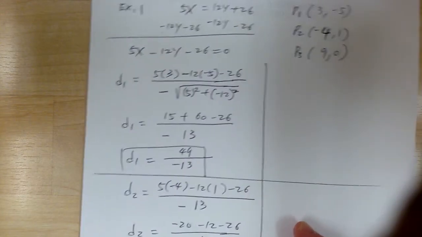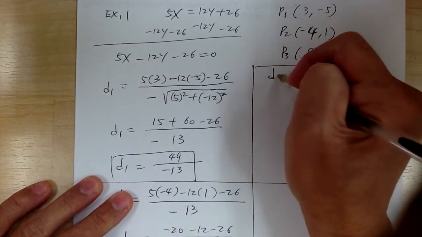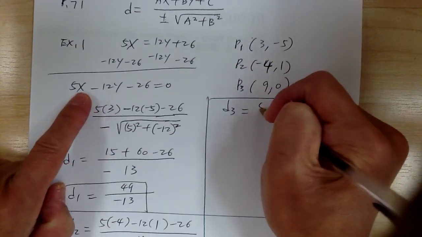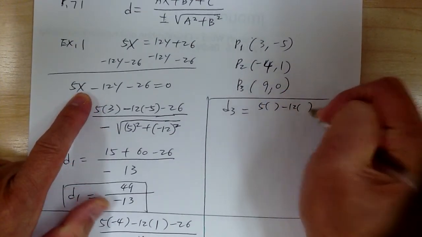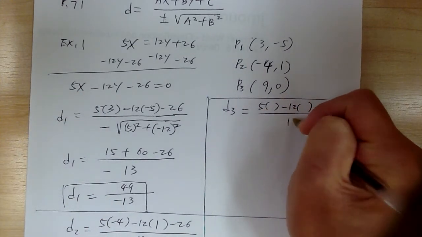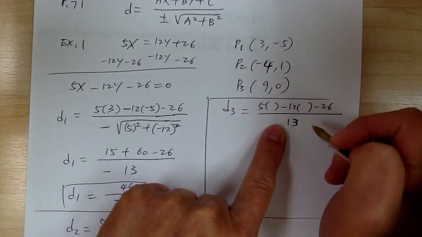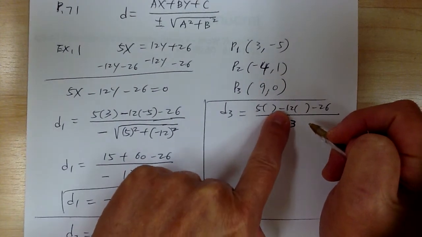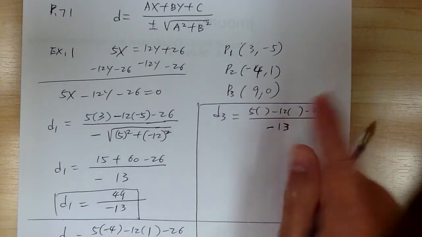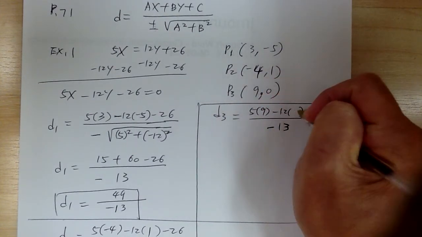Okay, let's go to D3. D3 equal to 5 blank minus 12 blank minus 26 over, again, 5, 12, 13. Remember the sign goes with the b. B is negative, so it would be negative. You put the point into the blanks, so it will be 9, 0.